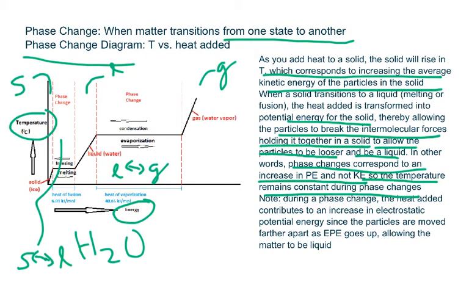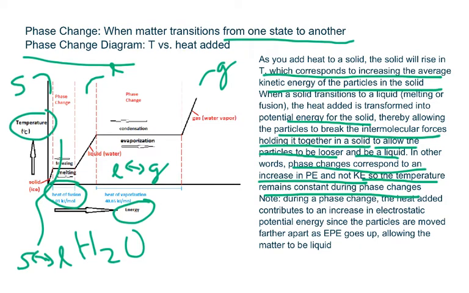Now you might be wondering, how does increasing potential energy cause the solid to become a liquid? Well, there's a very good explanation to that. The potential energy that we could think about in this case that holds the atoms together is the electrostatic potential energy, or the electric potential energy. They're the same thing. So when you increase the electrostatic potential energy by adding heat during the melting phase, the atoms are going to get farther apart.